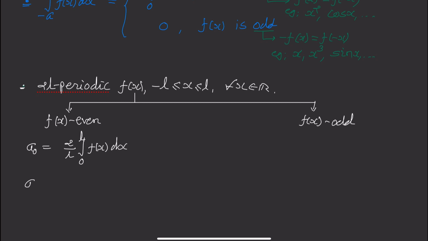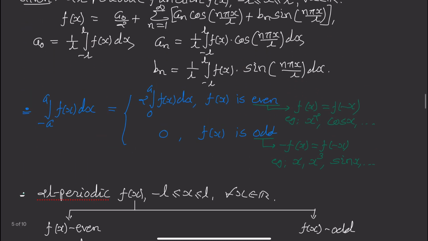What is an in this case? Look at an. An is f of x into cos n pi x upon L. You know that f of x is even, cos is also even, so the product of two even functions is even. So f of x into cos n pi x upon L is an even function.